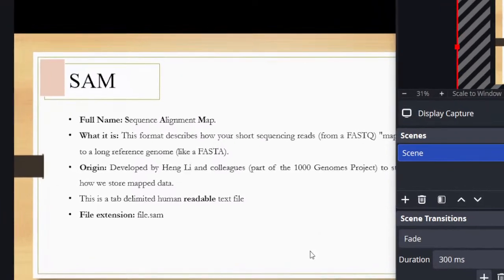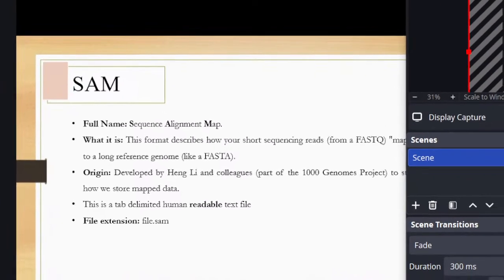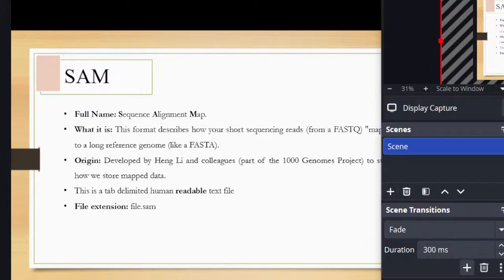Okay, so now the SAM format. The full form of SAM is sequence alignment map. This format describes how your short sequencing reads map or align to a long reference genome like FASTA.